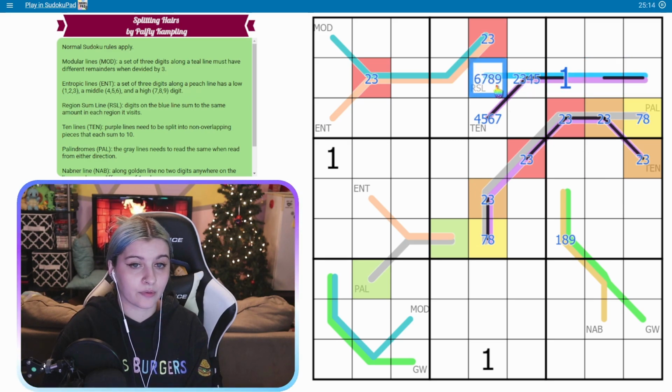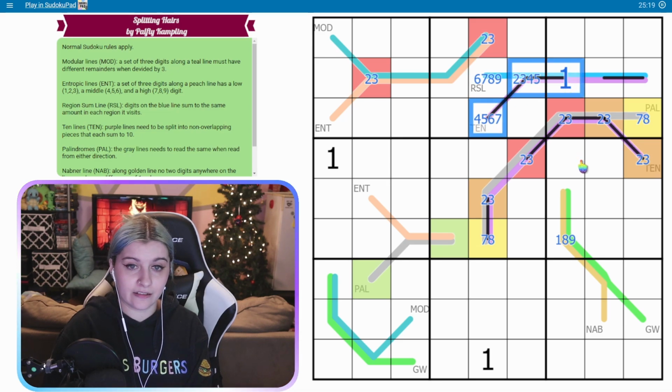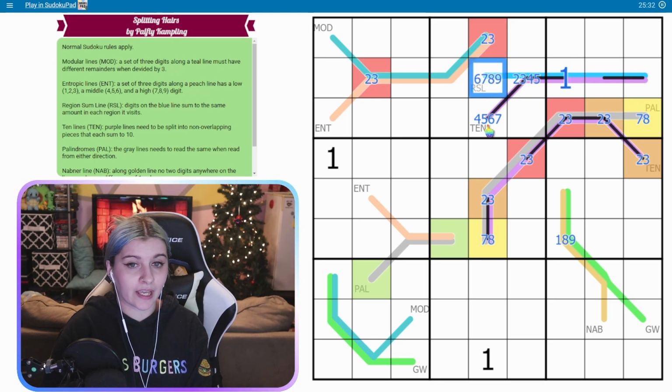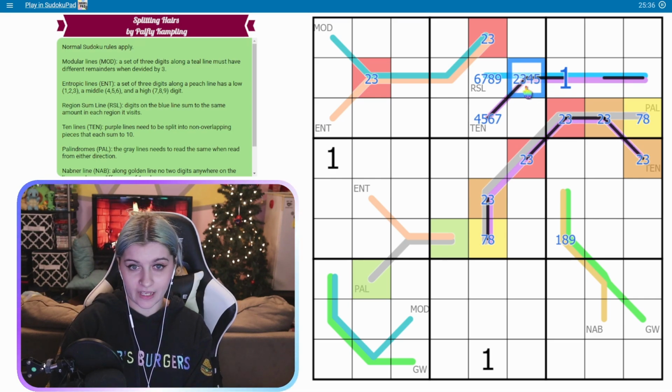I have 2, 9, 3, 8, 4, 7, or 5, 6. If I need this to be 10, then this needs to be 9. If this is 2, 9, then this is a 7. If this is a 3, this is 11, so this is 3, 8.